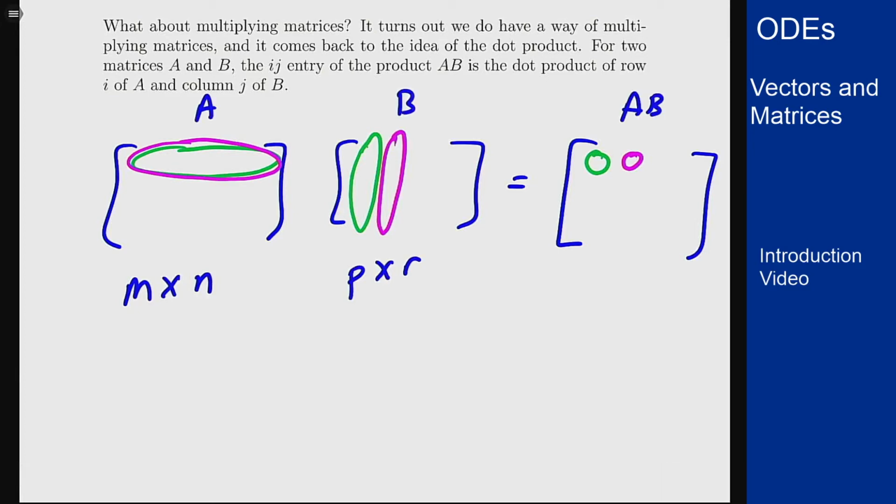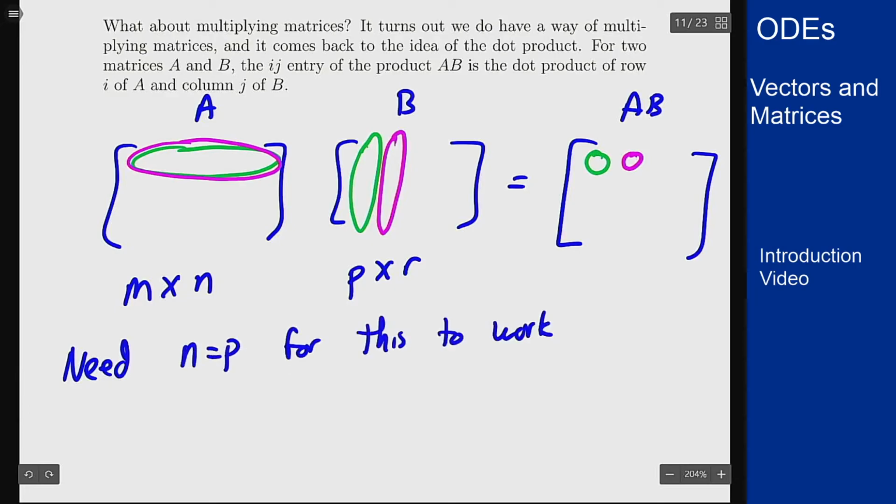then this only works if n equals p. The number of columns of A, which is the number of elements in each of these vectors, equals the number of rows of B, or the number of elements in each of those vectors. So we need n equals p for this to work. And if we have that, our product will be of dimensions m by r, basically the outer two terms.